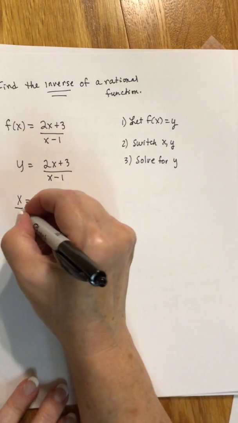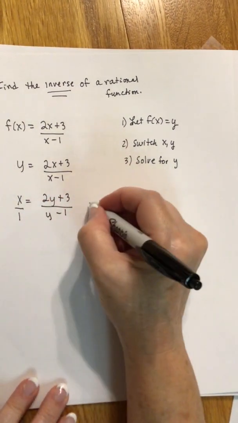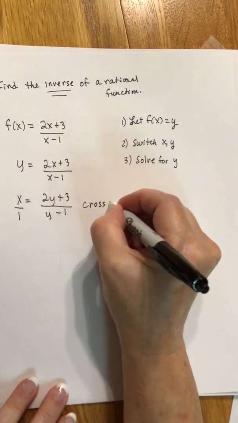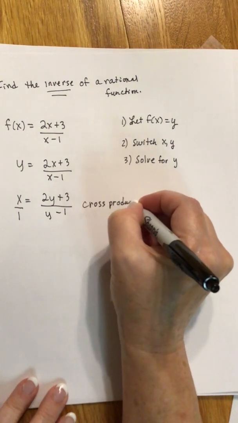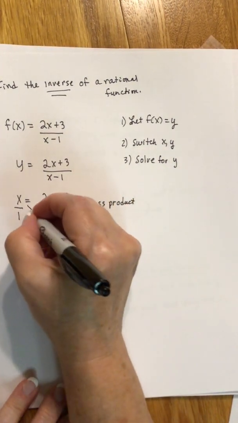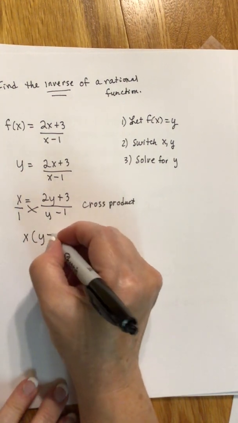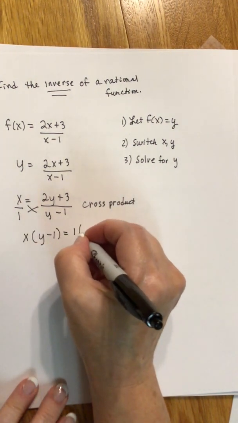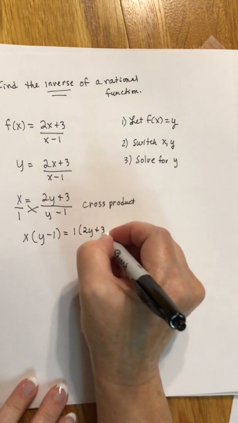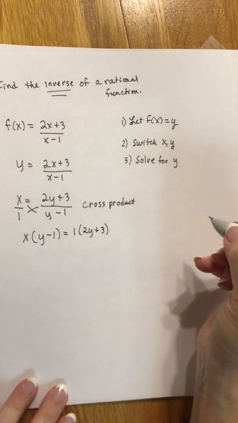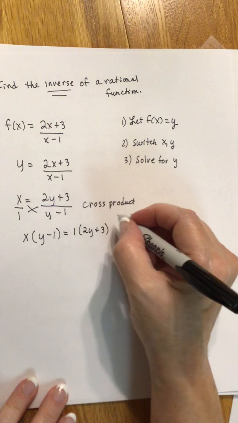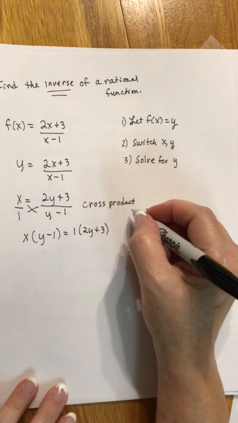So on this one, we're going to put this over 1 and cross product. When I cross product, I get x times (y - 1) equals 1 times (2y + 3). We know we can do cross product when we have the equality of 2 ratios.